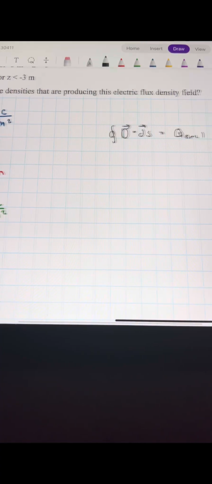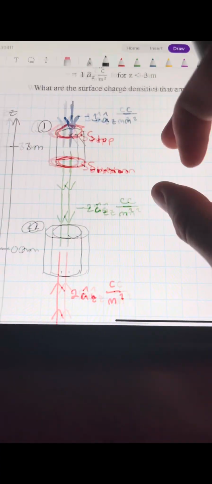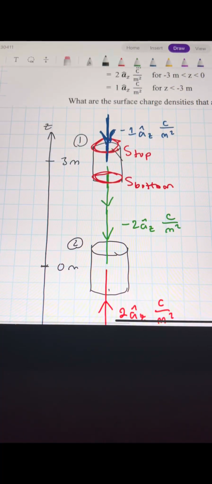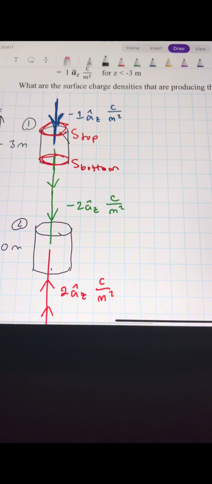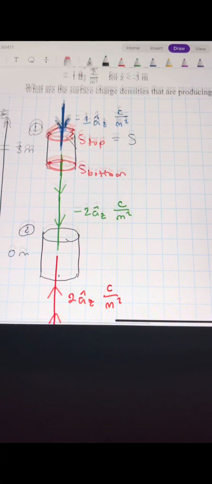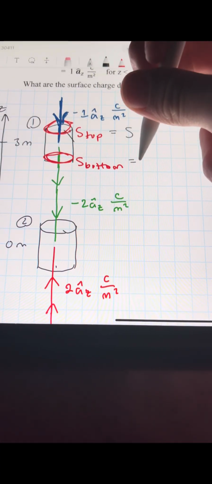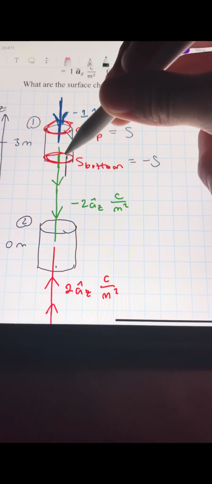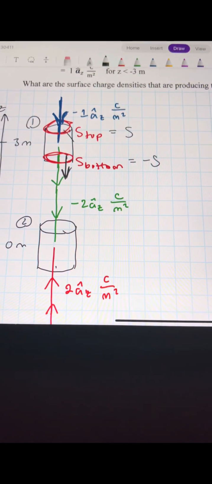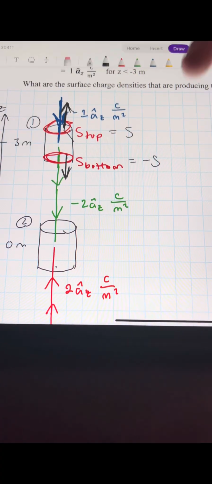So applying this to the Gaussian surfaces across the plane, you could say that the contribution on the top face is D just above the plane times S. And on the bottom face, the contribution is D just below the plane times -S. And that's because the outward normal on this bottom plane points downward, and it's pointing upward for the top. So that's why this is positive S.